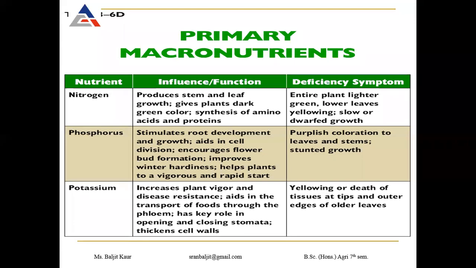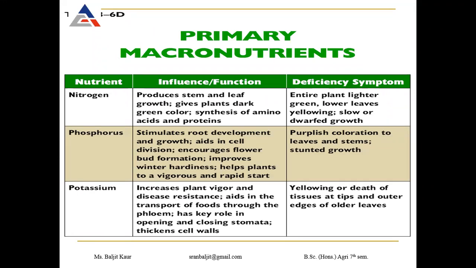Dark green color in plants is provided by nitrogen, and it also helps in the synthesis of amino acids and proteins. If there is a deficiency of nitrogen, then the entire plant will be light in color, and the lower leaves will be yellow. Nitrogen deficiency symptoms are shown firstly on the lower leaves, and there will be slow and dwarfed growth of the plant, right?